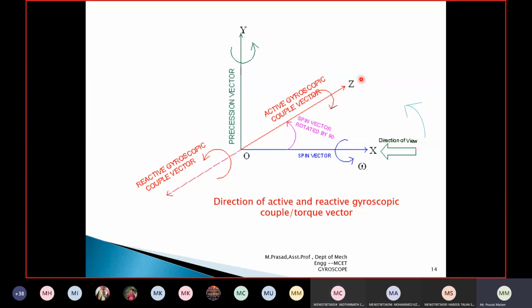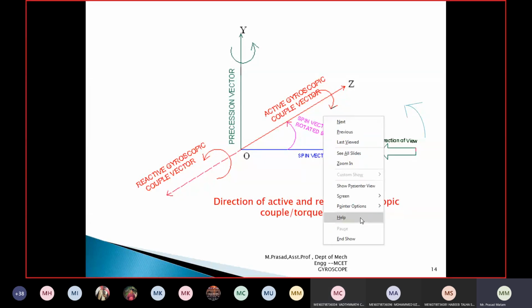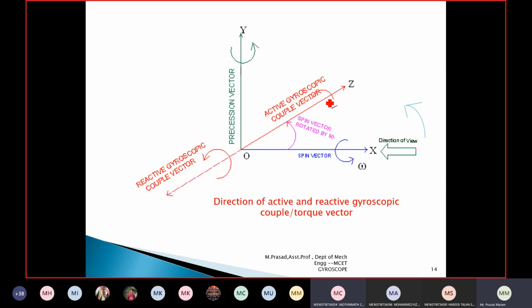The active couple is moving away from z or away from O. I can show here. When my thumb rotates in this direction, the z axis is moving in this path. When my thumb rotates in clockwise motion, this is moving in this direction. This is the position of the active couple.